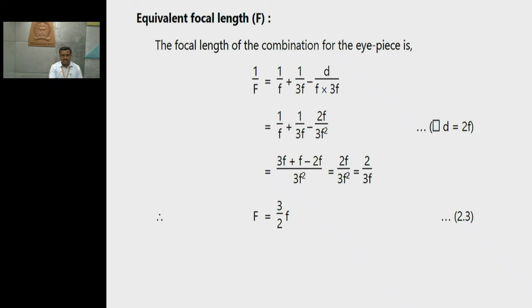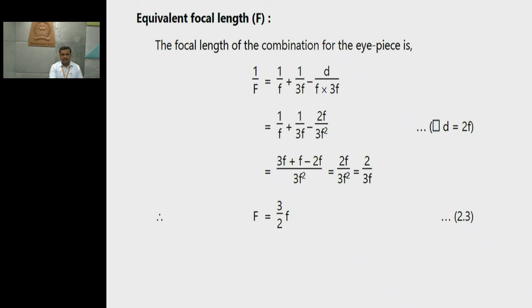Now we can find the equivalent focal length, capital F. We know small f and 3f are the focal lengths of the eye lens and field lens respectively. But when we take the combination of the two lenses, we have to find the focal length of the combination.